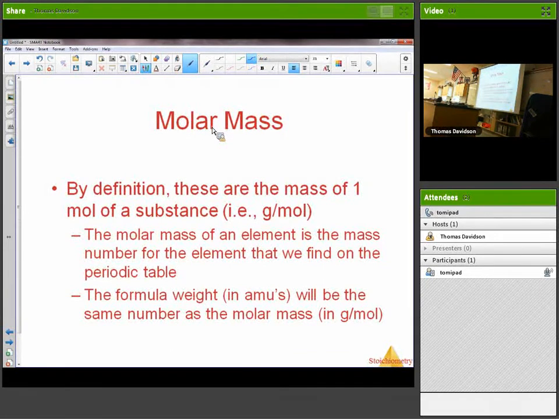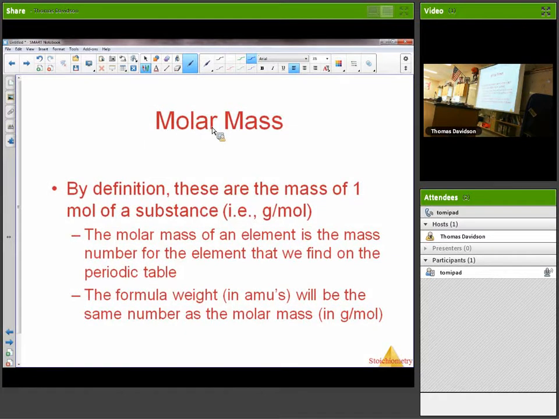Now, these are the mass of 1 mole of a substance, in other words grams per mole. The molar mass of an element is the mass number for the element that we find on the periodic table. The formula weight in AMUs will be the same number as the molar mass in grams per mole.